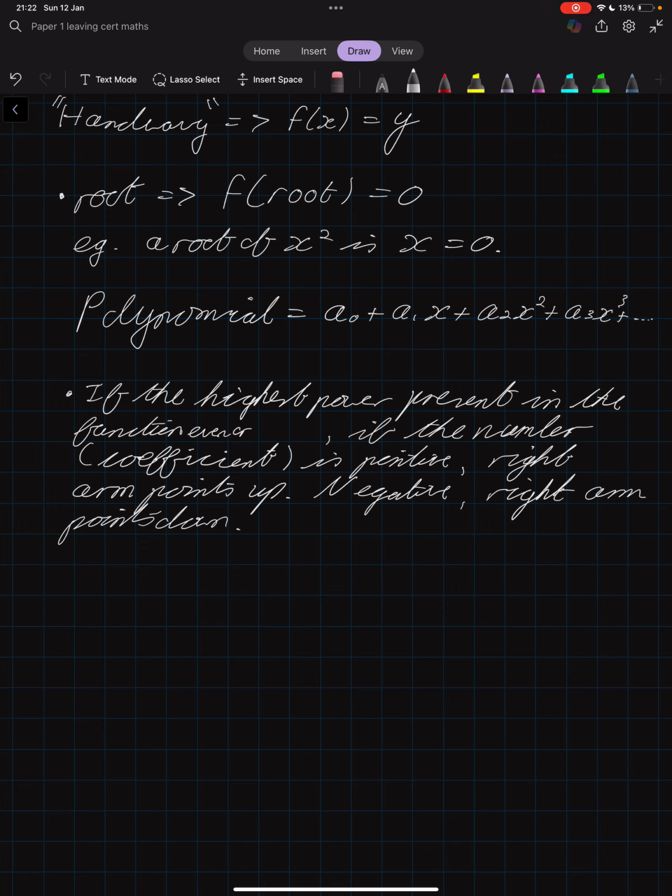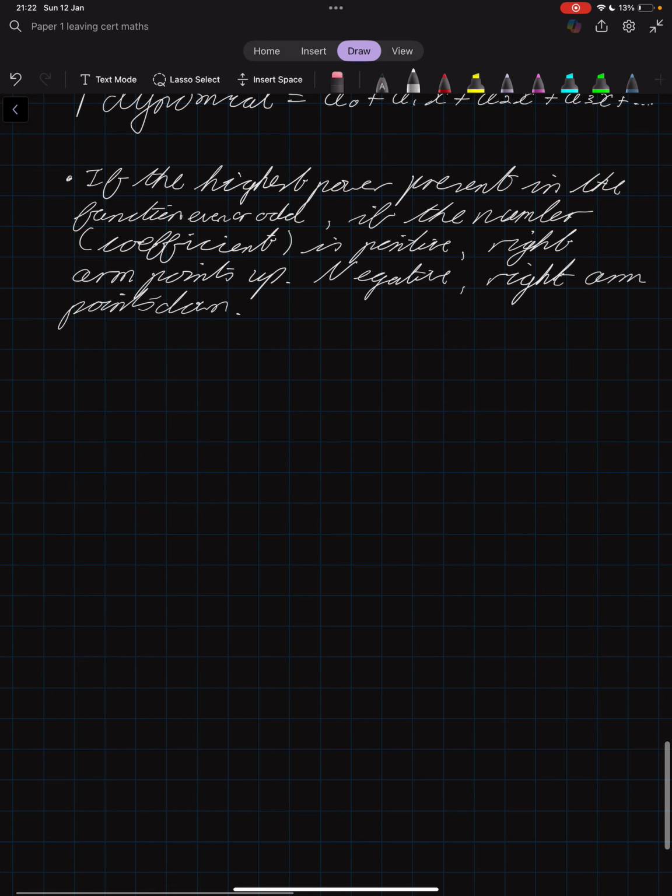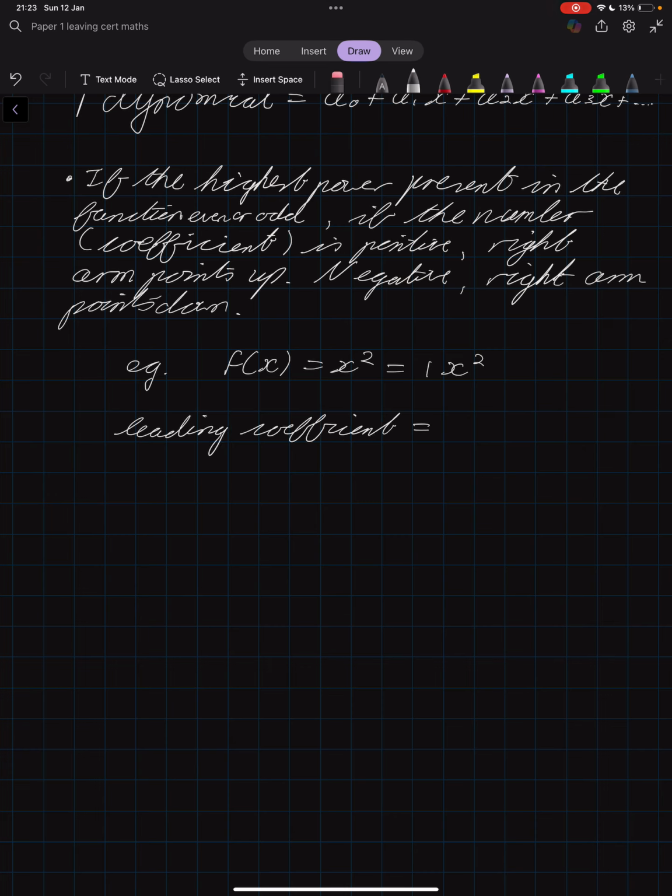So for example, say f of x equals x squared, and I wanted to draw this. Well, this is equal to 1x squared. So my leading coefficient is 1, which is greater than 0. And therefore, when I draw it, the right arm points up.